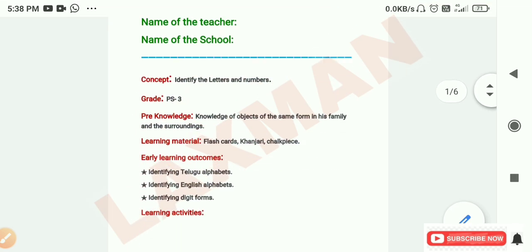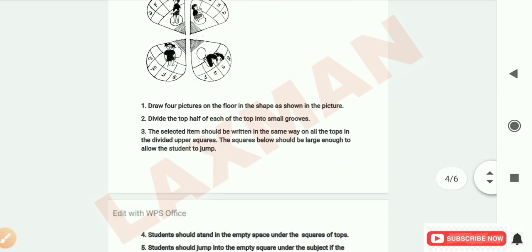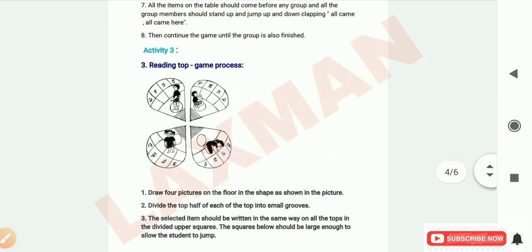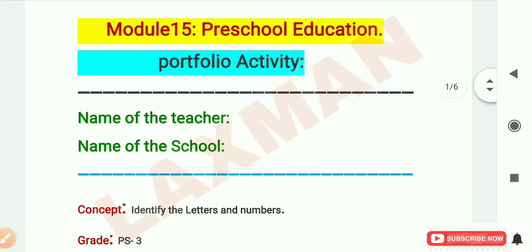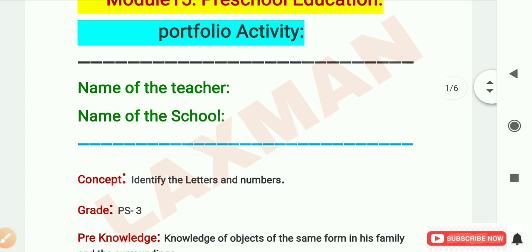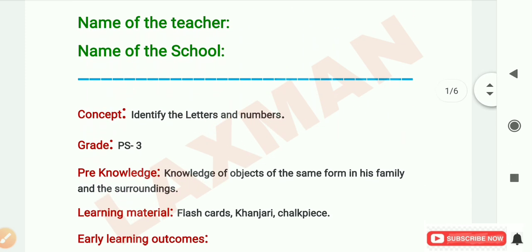This is the portfolio that I wrote. Let us see briefly how I wrote it. Module 15 preschool education portfolio activity, name of the teacher, name of the school. You can write some more basic details of the teacher.